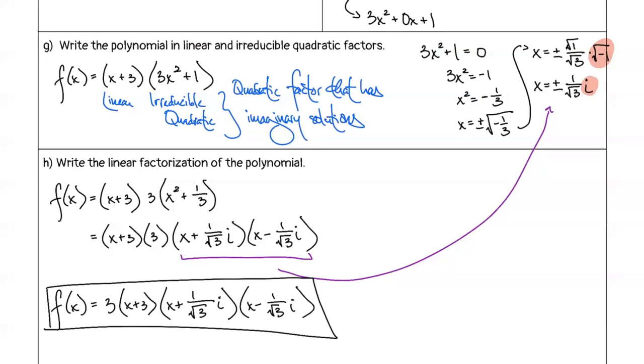Yeah. So when we say x-intercepts, we're typically looking for the real ones that we can actually see on the graph. And so that's why we would only choose this one. Okay.